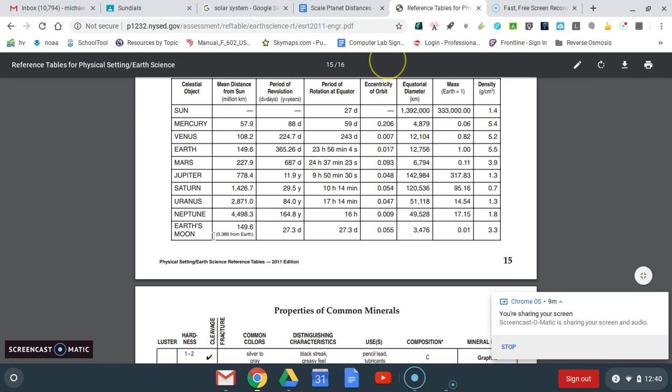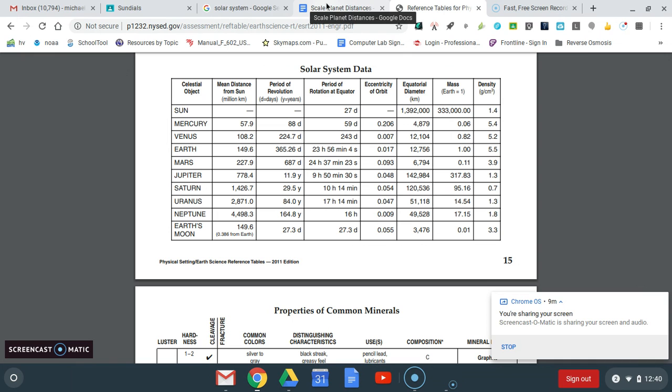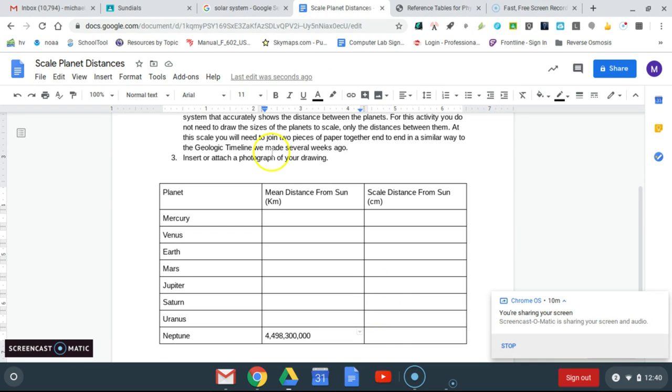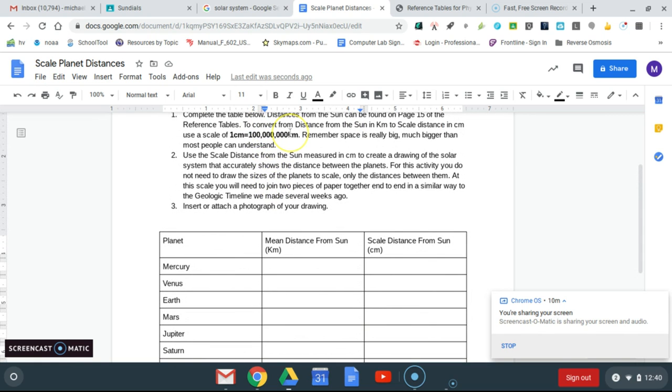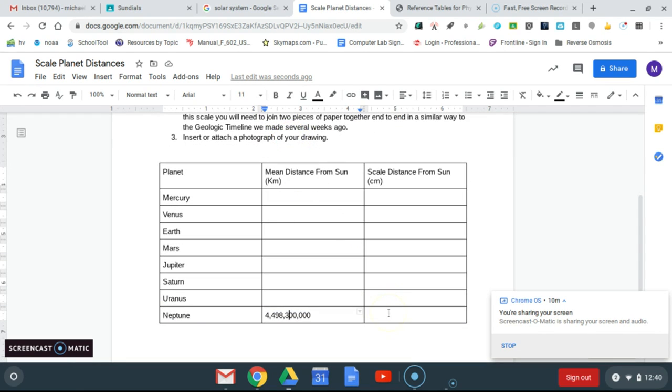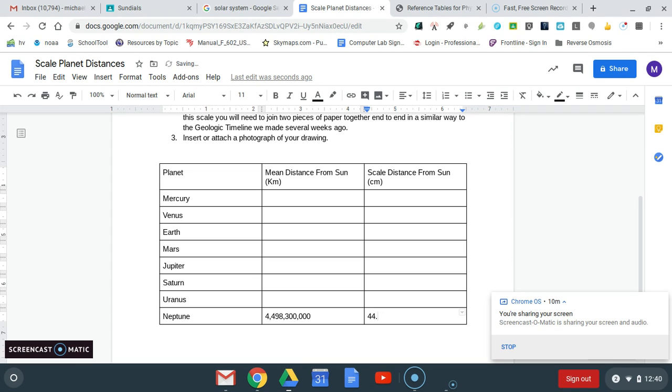Okay, because remember, this is in millions. So you have to add zeros, right? And then to get the scale distance, I'm going to divide by 100 million. So when I divide this by 100 million, I should get 44.983 centimeters, which means basically 45 centimeters.